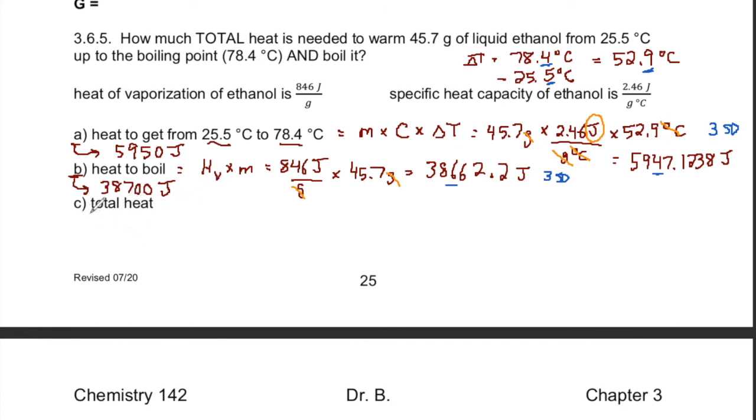The total heat of both of the steps together is the sum of what we need for each step. Let's go back to our original numbers to add them up. We'll just keep track of where our significant digits are. For step A, it was in the tens place. For step B, it was in the hundreds place.